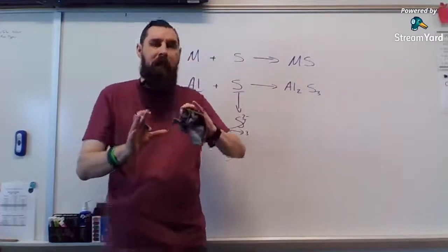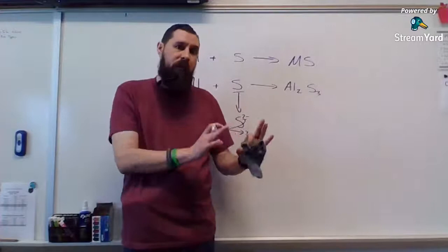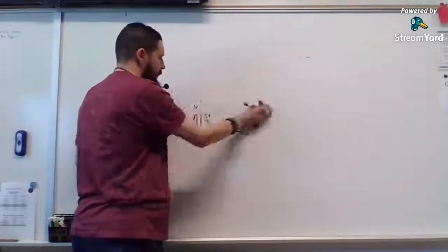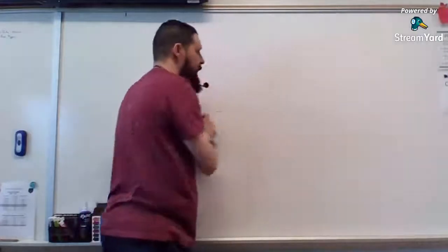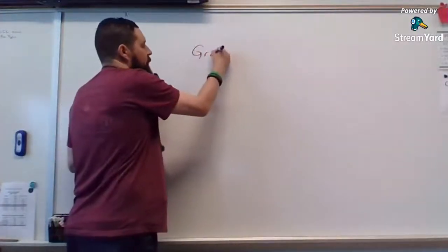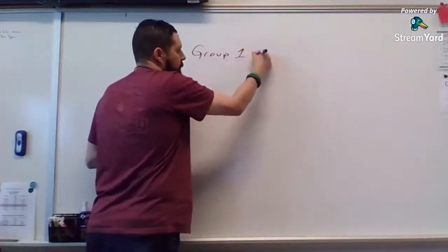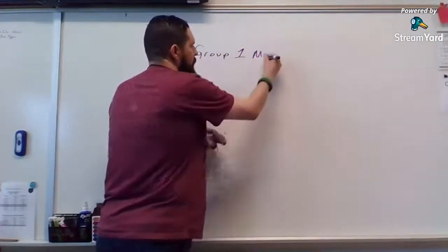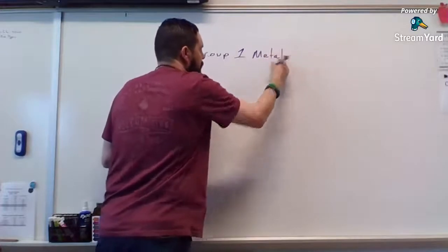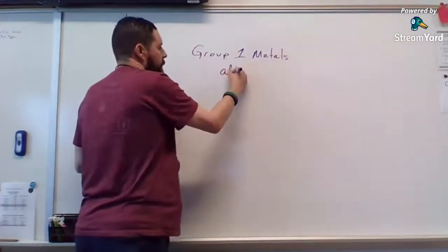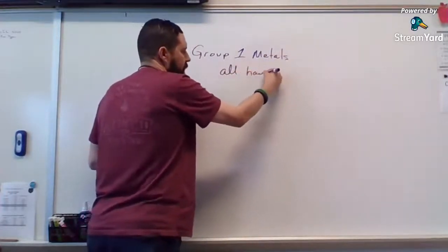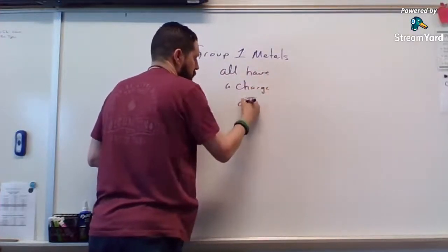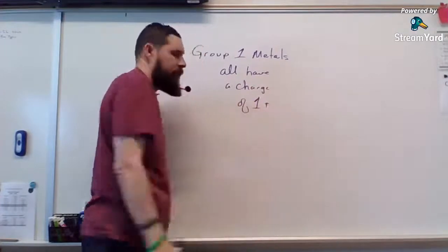So now let's look at those group 1 metals and group 2 metals with halogens. So if I'm looking at a group 1 metal, my group 1 metals all have a charge of 1 positive.